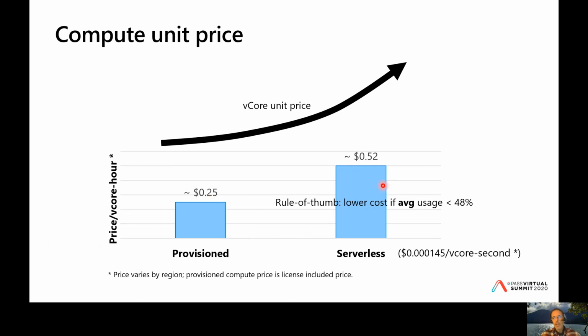So in other words, if the usage, both in terms of memory and CPU of the serverless database, on average over time, doesn't exceed around 50% or so, right? If it's 50% or less, then serverless tends to be a better pricing fit.